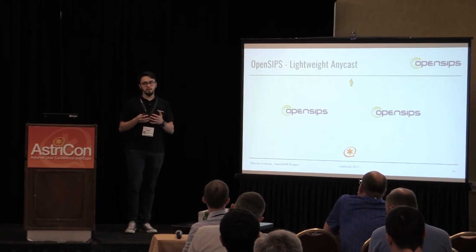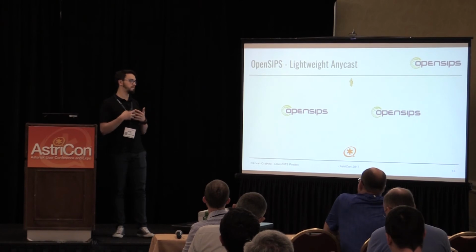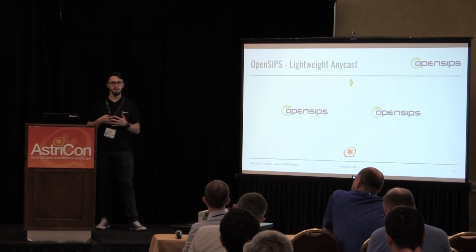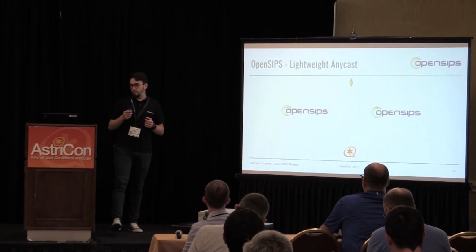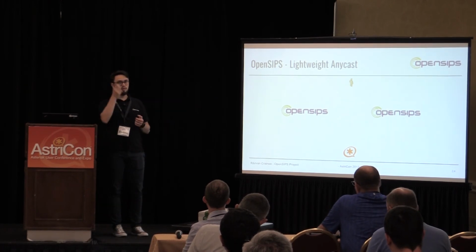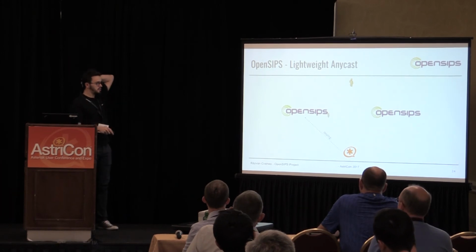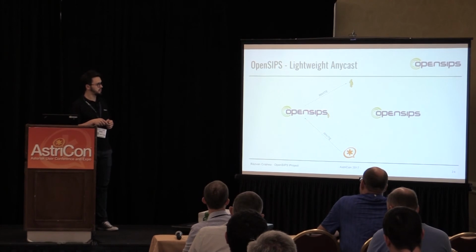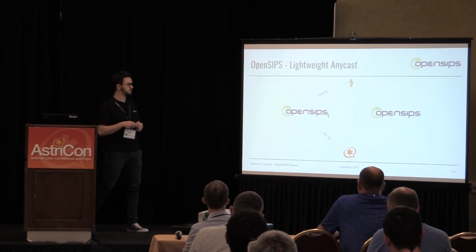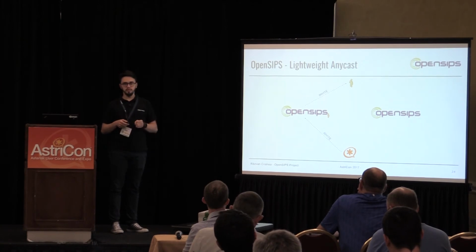That's how we tried to sort this out. We gave it some thought and ended up with two different solutions. One of them is a lightweight one; we call it lightweight Anycast. So imagine that you have an INVITE that's sent to the client and goes through this OpenSIPS instance. This guy stores the transaction information and that's it.